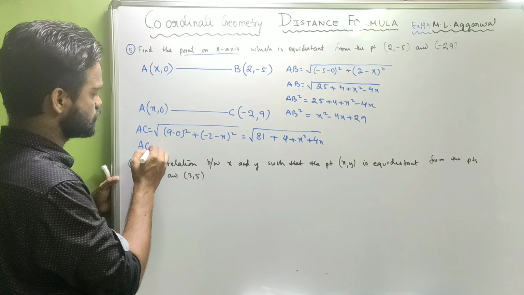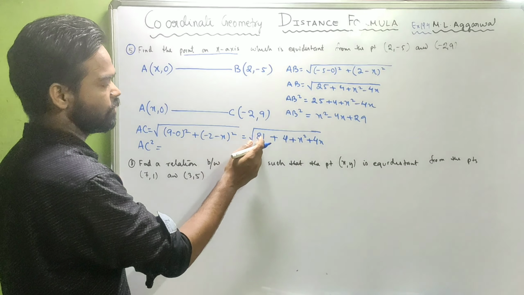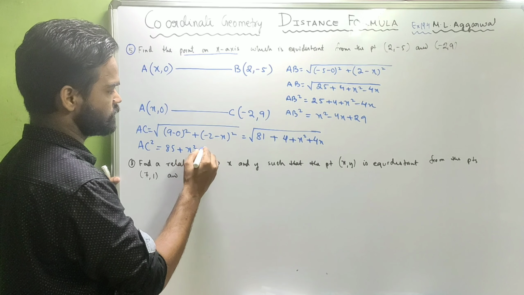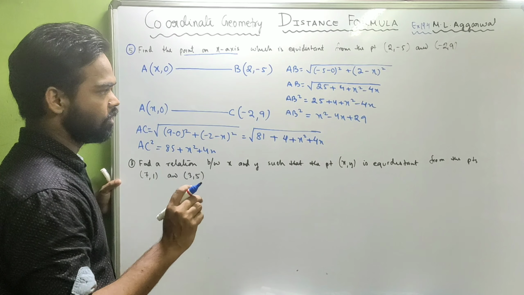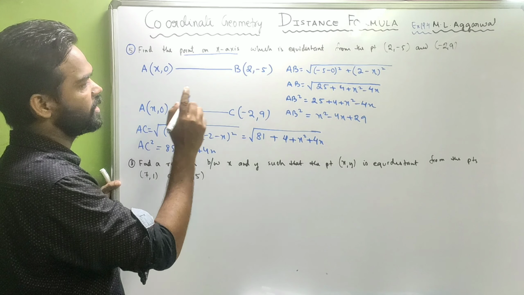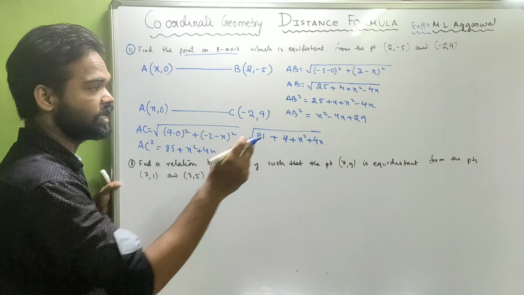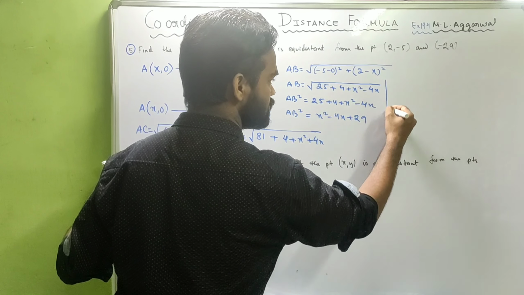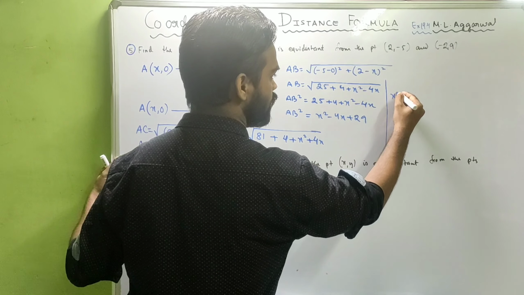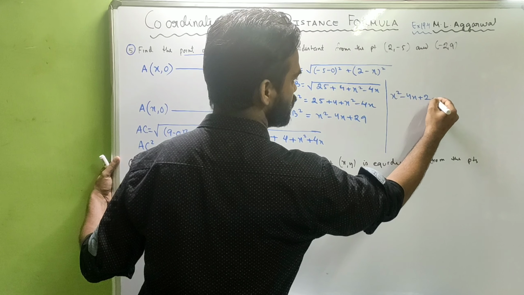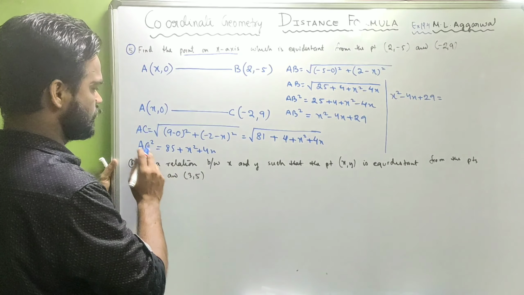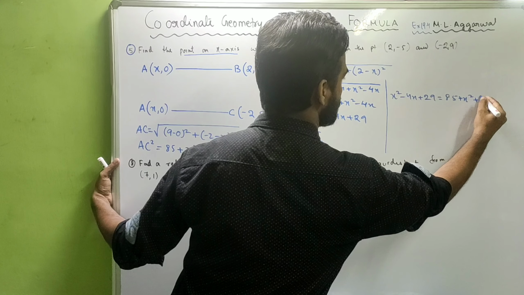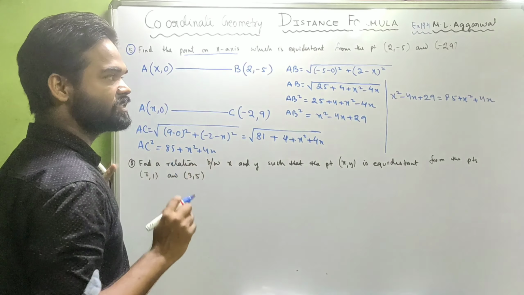So your AC square will be 81 plus 4, that's 85, plus x square plus 4x.